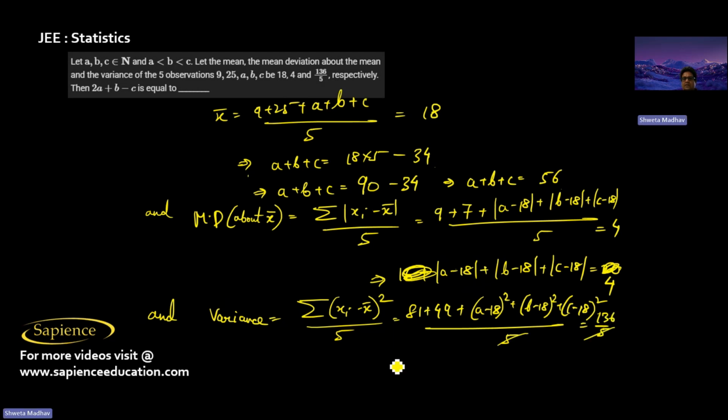The 5 I can cancel, so a minus 18 whole square plus b minus 18 whole square plus c minus 18 whole square is equal to 136 minus 130, so this is equal to 6. So their sum is 4.